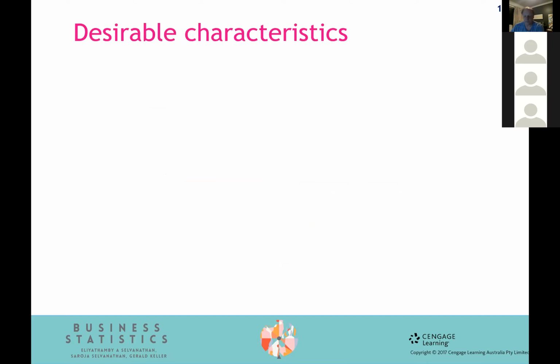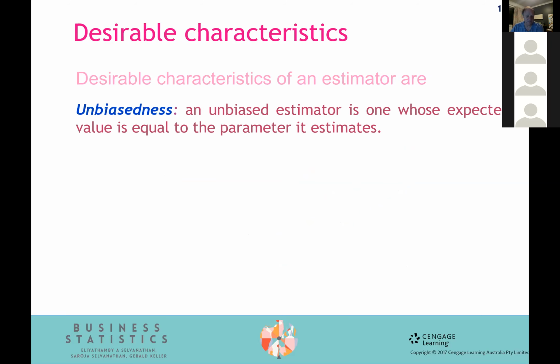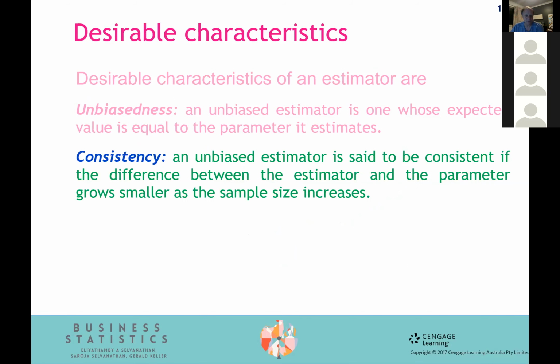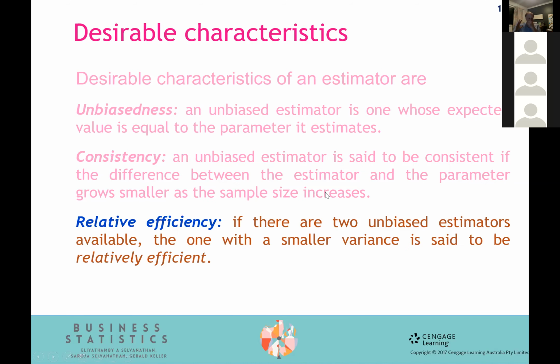Okay, what characteristics do we want from these estimators? It should be very common sense. It mustn't be biased, so it mustn't always get it wrong. It must mostly get it right. It must be consistent, so as the sample size increases, it makes sense again: if you take the whole population, all of a sudden you're 100% sure of the average you calculate.